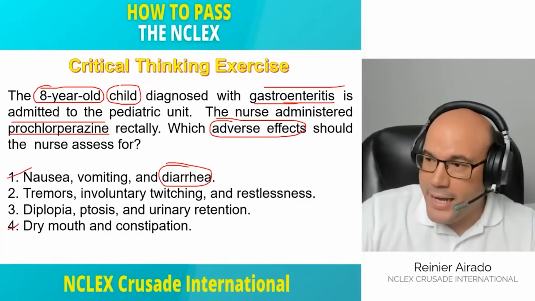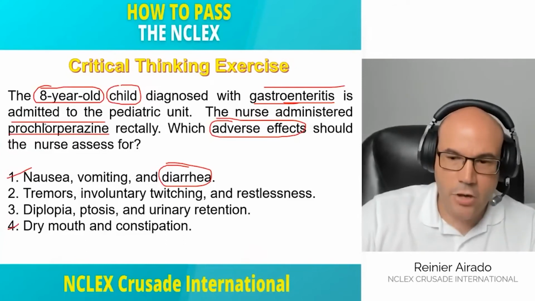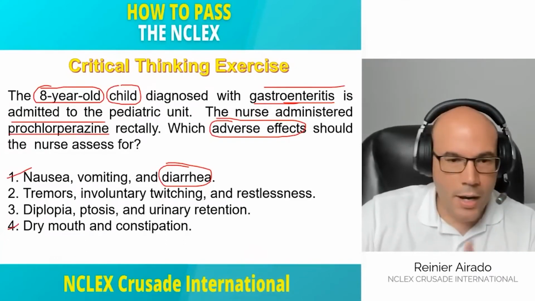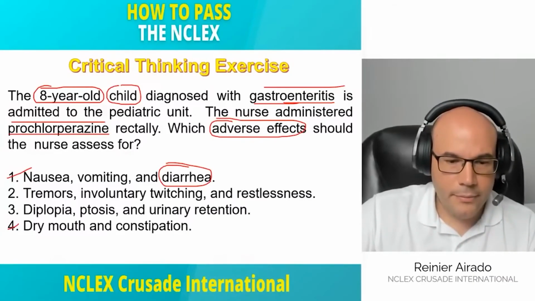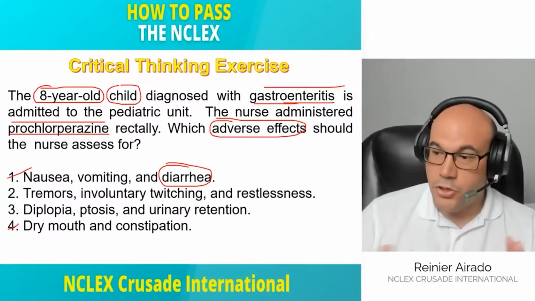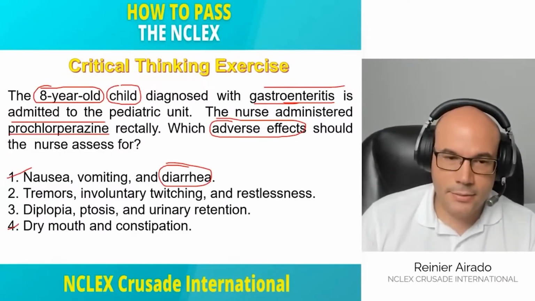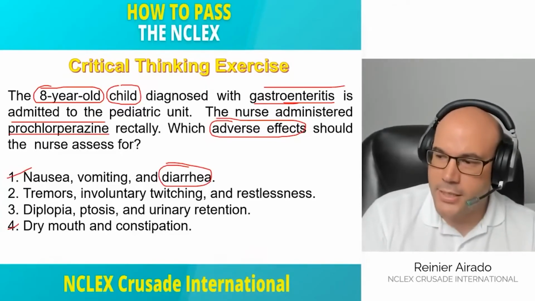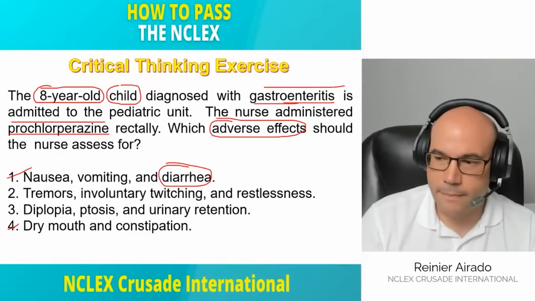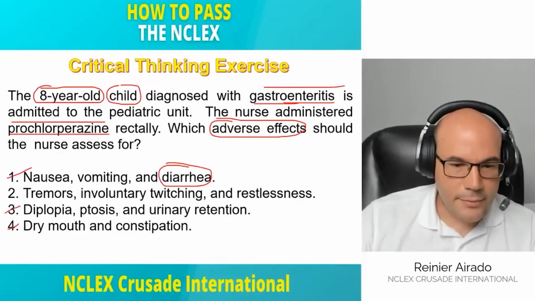Because the medication that I am giving is an antiemetic drug to treat the nausea and vomiting. So one is gone. We have 2 and 3. Tremors, involuntary twitching and restlessness, and 3, diplopia, ptosis, and urinary retention. Answer number 3, we can eliminate.